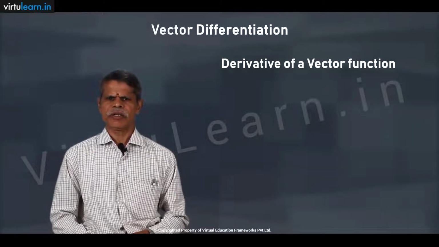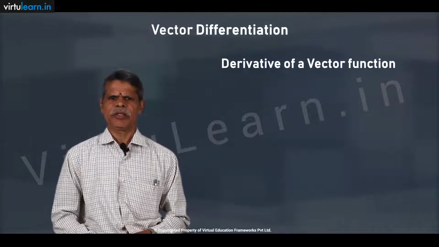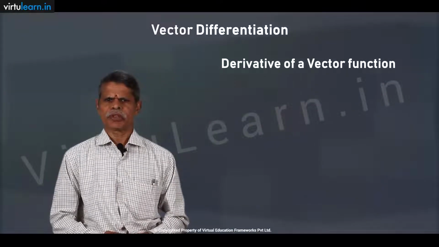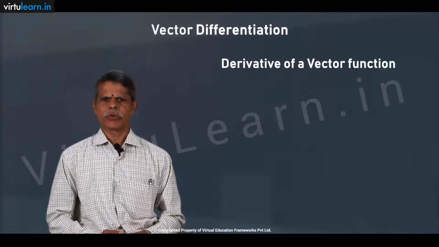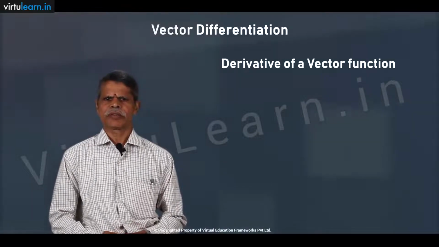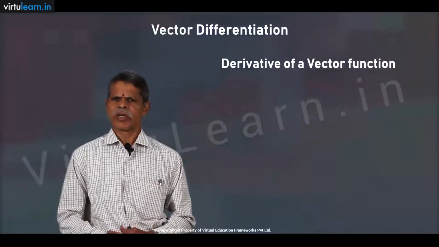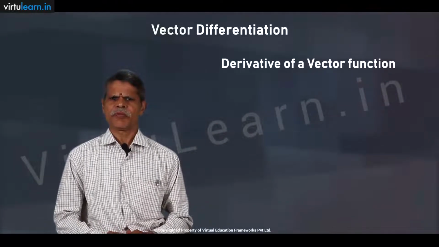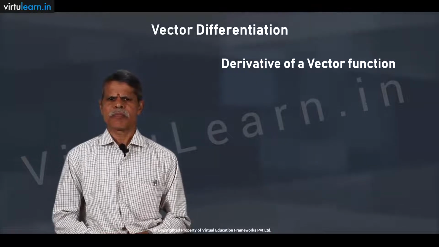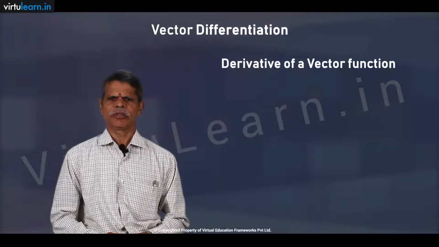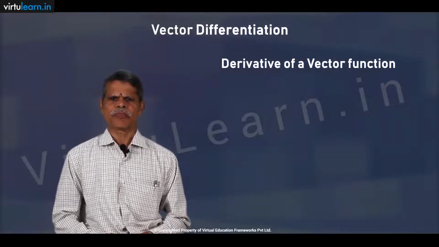So the velocity can be observed to be a function of the time variable. If f bar, a function of t, is used to denote either the position vector or velocity or acceleration of a point moving in space, then you can think of the derivative of the function with respect to the time variable.